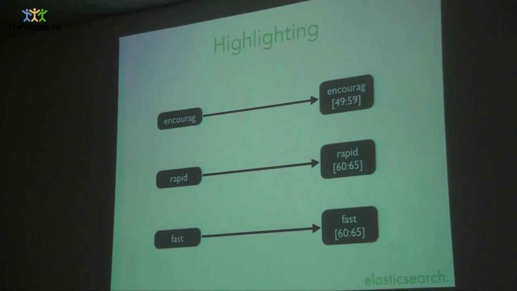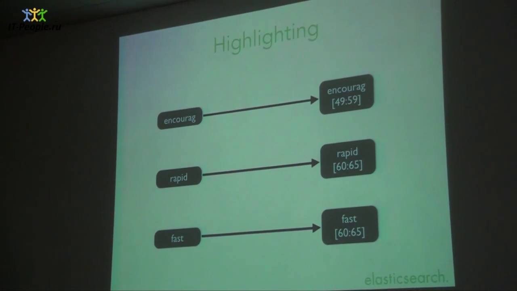And you can see that it even works for synonyms, because rapid and fast have both the same offsets. So when you search for fast, the rapid word will get highlighted, because we just do the positions here, and we say that the original word for this term has been at the position 60 to 65. So we don't need to do anything.